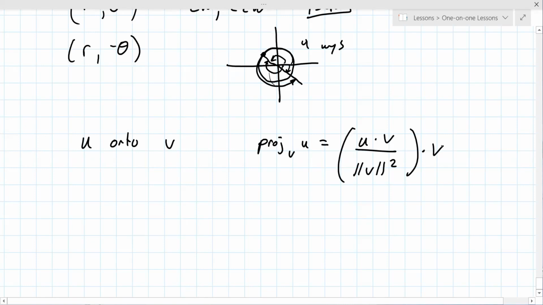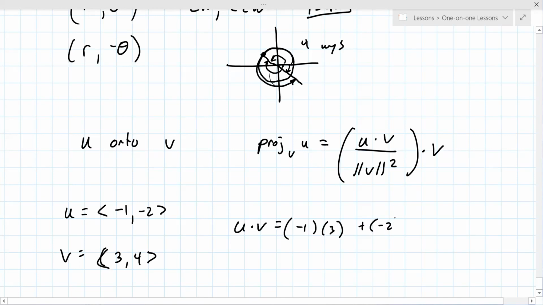So I have to give you U and V, and that's generally how it's given. U is equal to, I don't know, -1, -2, and we'll say that V is equal to 3, 4. What I like to do is find all the little pieces. So U dot V is -1 times 3 plus -2 times 4.